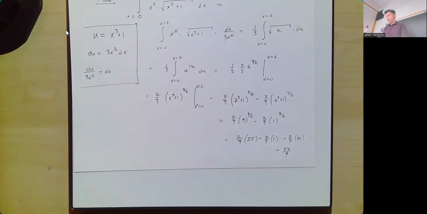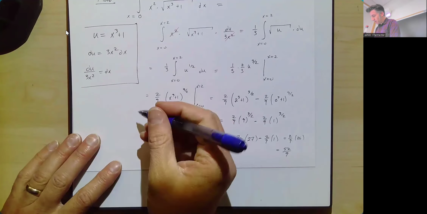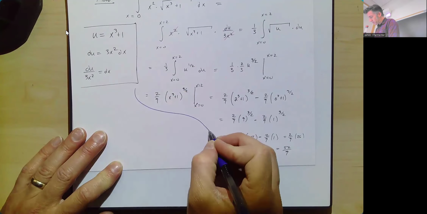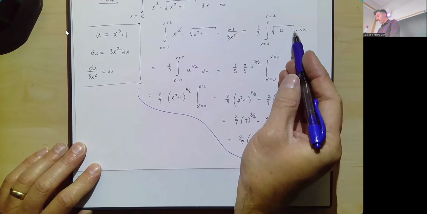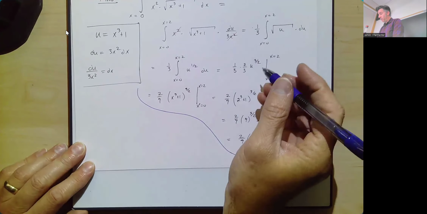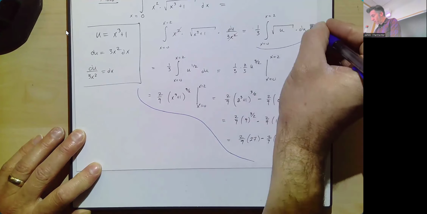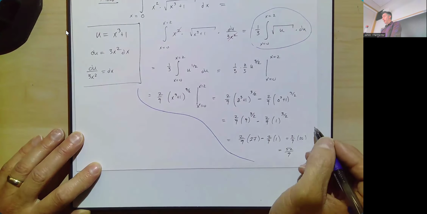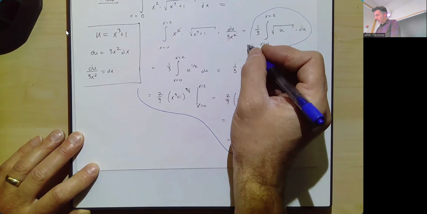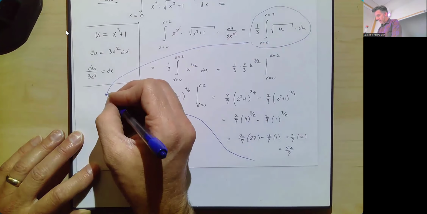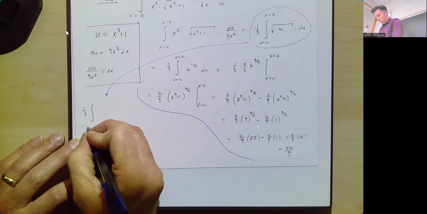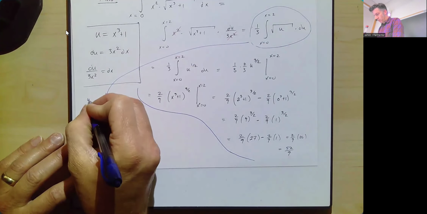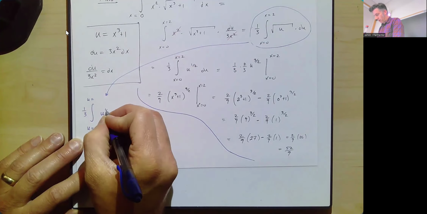The other way, which I think is better, is instead to switch things to be in terms of u. Meaning, when I get to this integral over here, instead of writing 1/3 the integral from x equals 0 to x equals 2 of the square root of u, I would really rather rewrite this as 1/3 the integral from u equals something to u equals something of u to the 1/2.